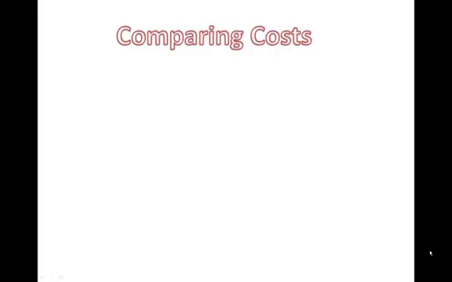Let's look at our annual costs based on that order size. We can figure out what it costs us over the course of a year for our annual ordering or setup costs. The way to do this is to simply take our annual demand and divide by our order quantity, and that will tell us how many orders we're placing throughout the year.